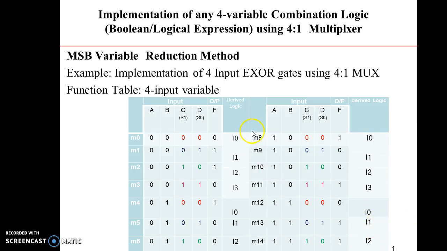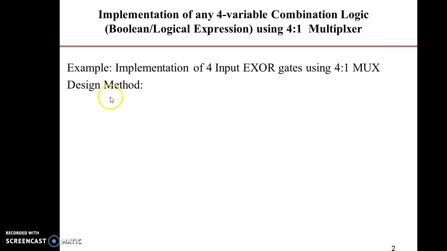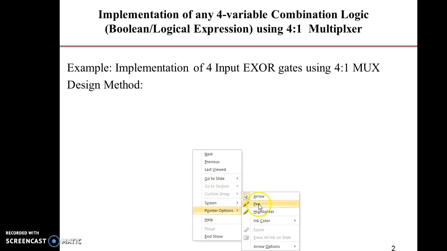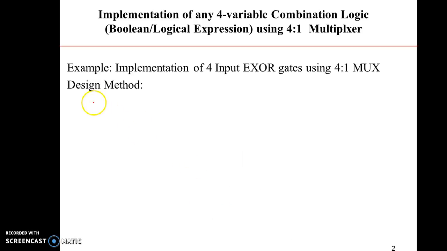So here I rely on a design method similar to the one we explored in the LSB 2-variable reduction method. I am going to draw a square, and here I can derive the logic corresponding to the I0 data input pin of my 4:1 multiplexer.